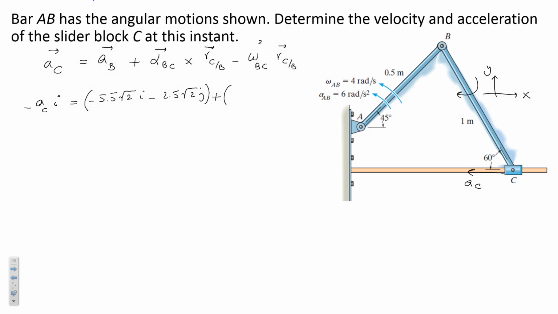Since alpha BC is in clockwise direction based on our initial assumption, it is in negative k direction. So minus alpha BC k cross RC/B.